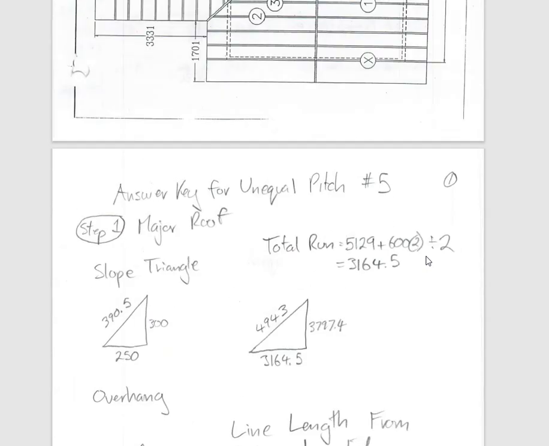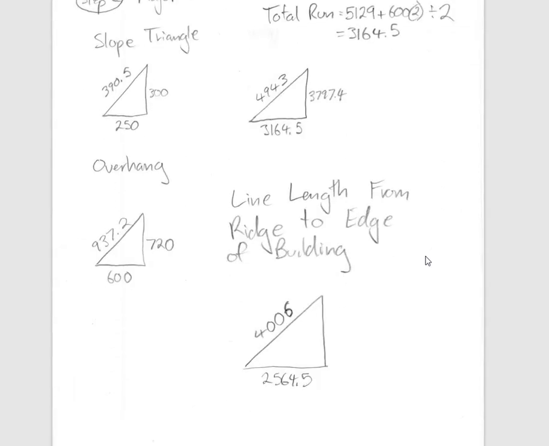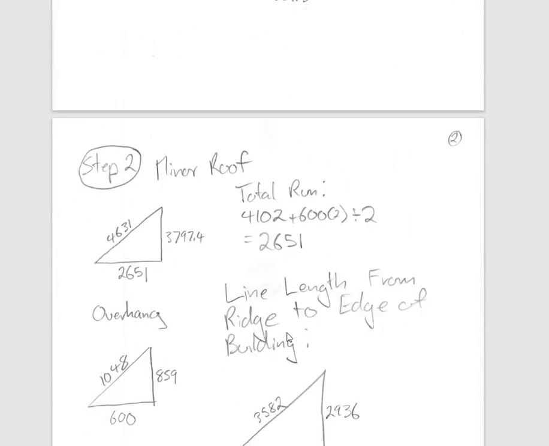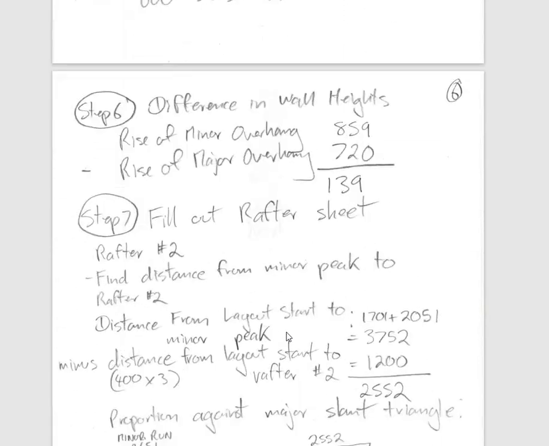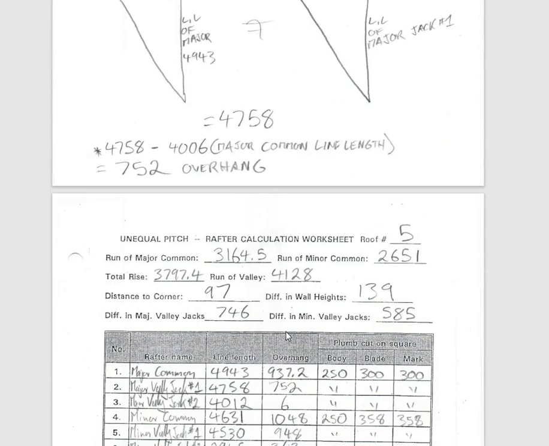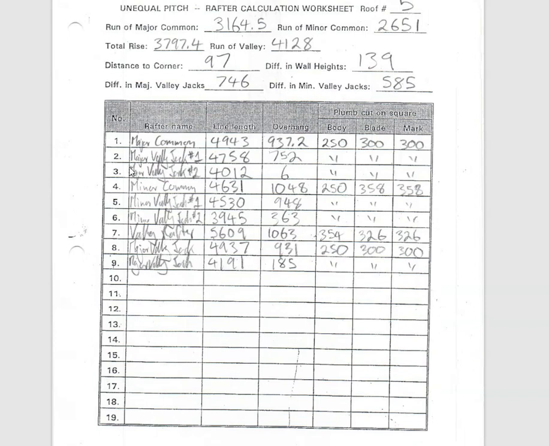Remember, that's why I said it's handy to get all that information right away. There it is right there, 4006. Okay, so it's good to get all that early to make this part of the process easier when the time comes. And then we have here major valley jack number 1, with that line length, with that overhang, and then using the same numbers on the framing square.